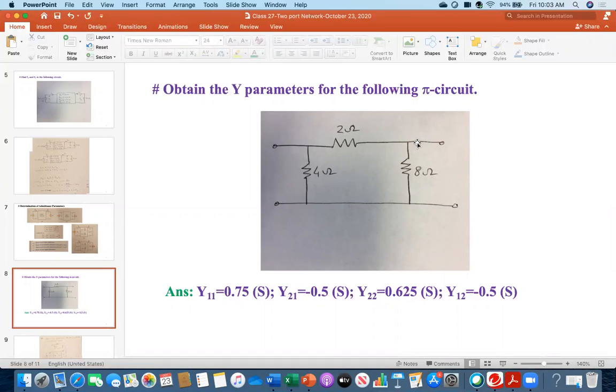Apply the current divider rule. That will give you this, then Y21 and Y12. Everybody keep trying.